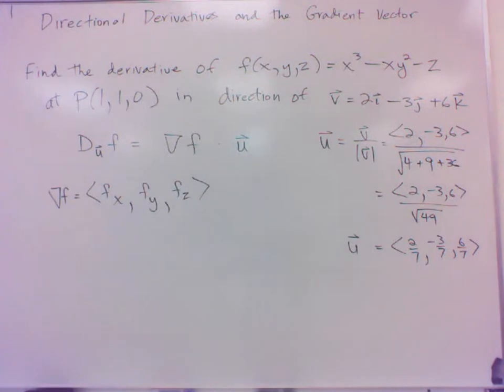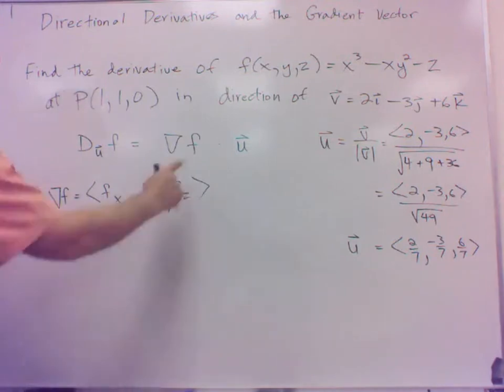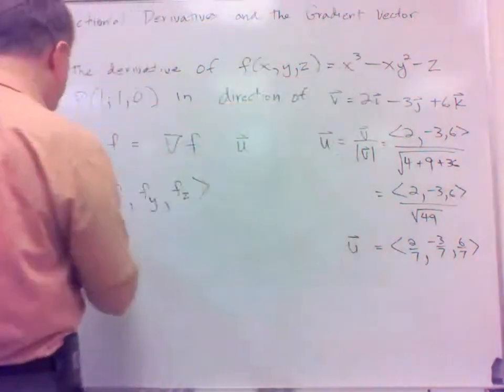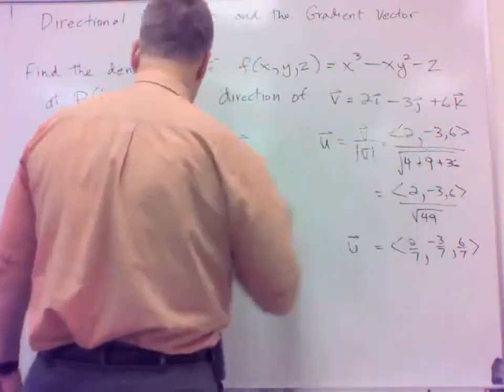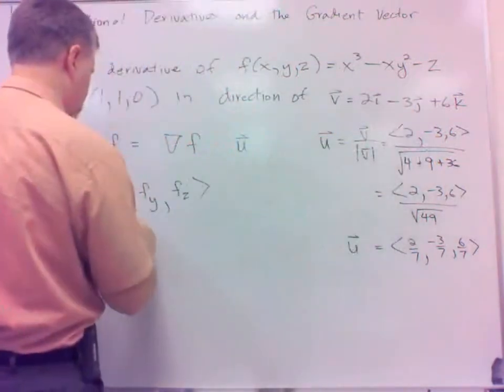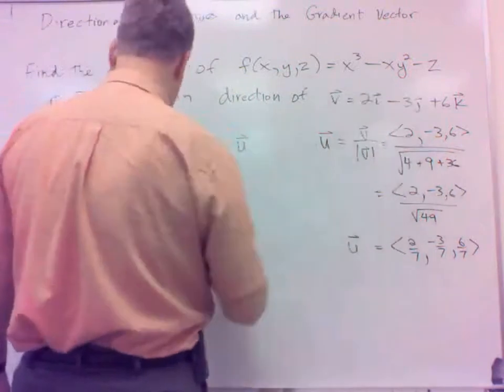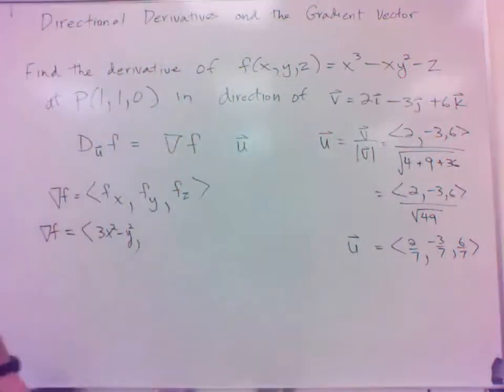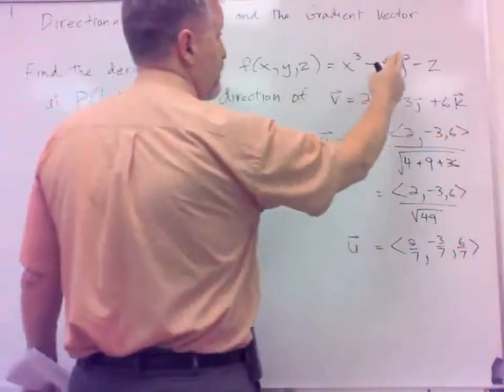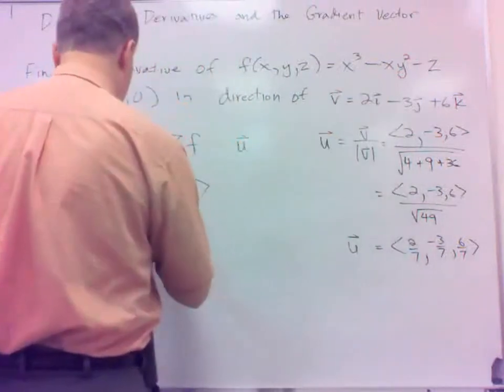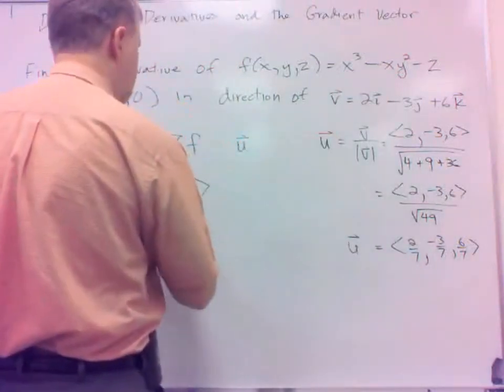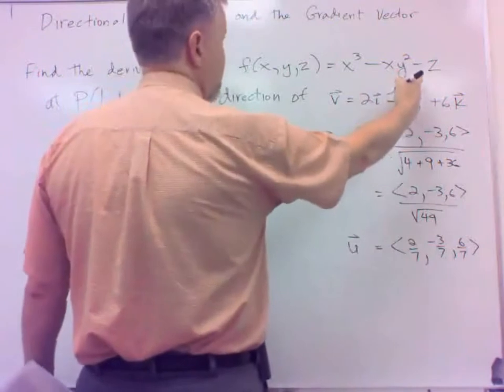So the partial with respect to x is 3x squared minus y squared. The partial with respect to y is minus 2xy. And the partial with respect to z is just minus 1.